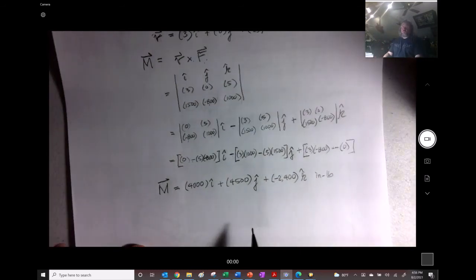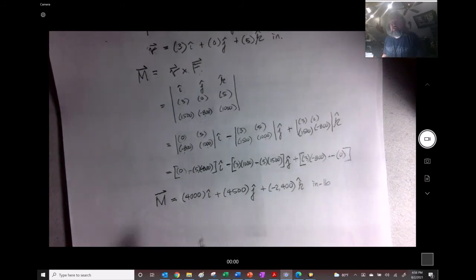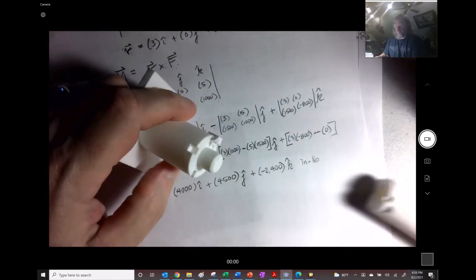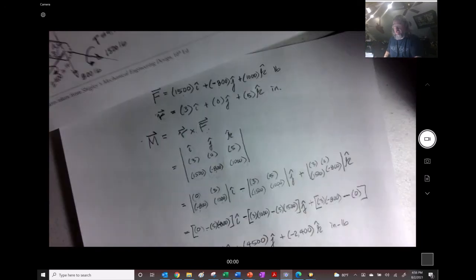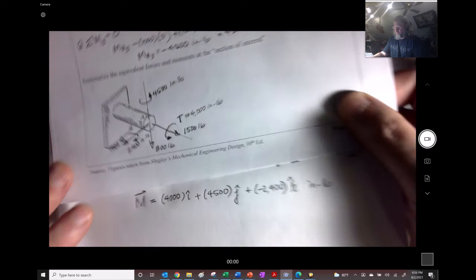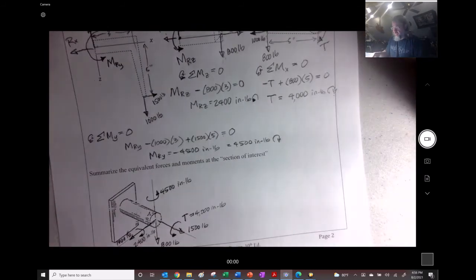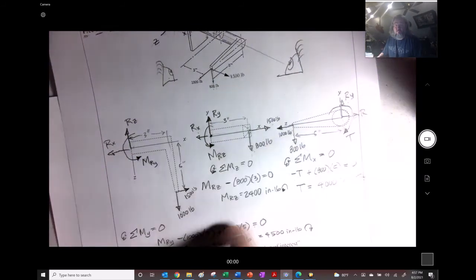Now, what is that telling us? This is going to be the moment of the forces that were on here that are now transferred over to this stump. Let's take a look at the answer that we got previously. First off, let's take a look at what we got from our free body diagram.